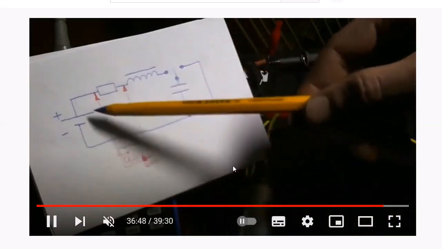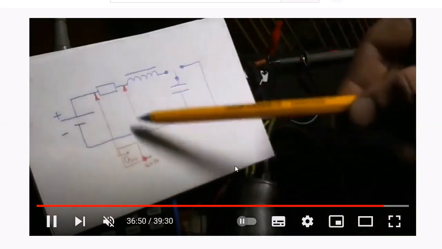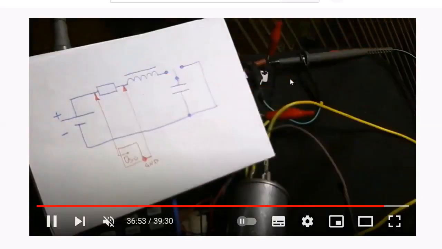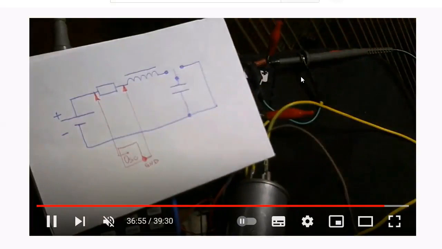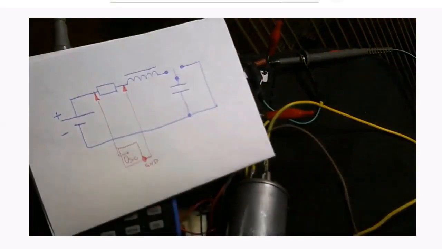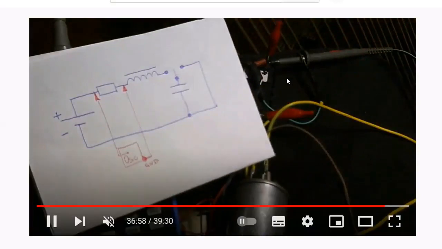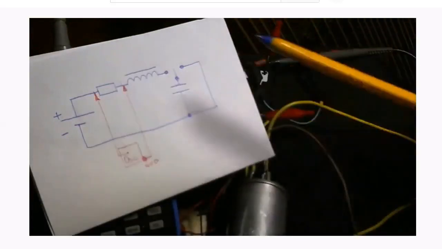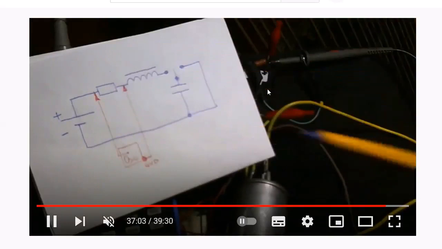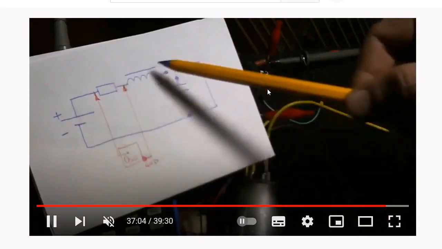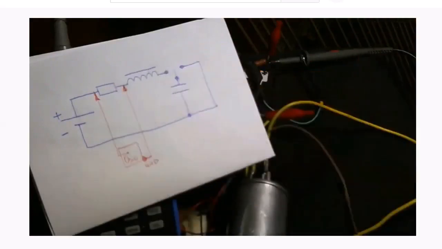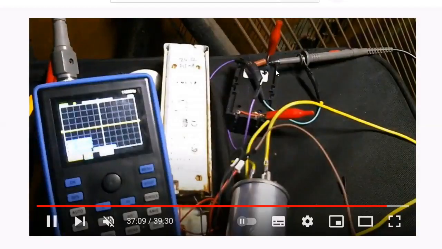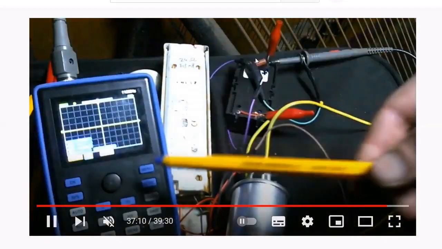So here is a diagram of connection. How to measure the current. Some explanations, and you can see a resistor.